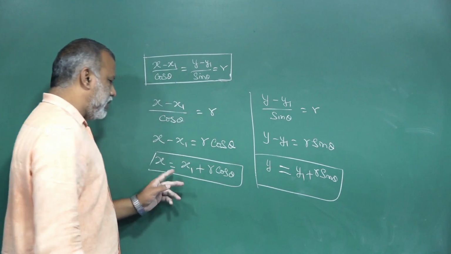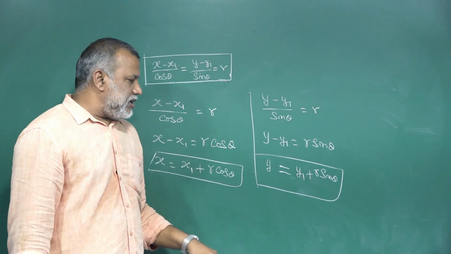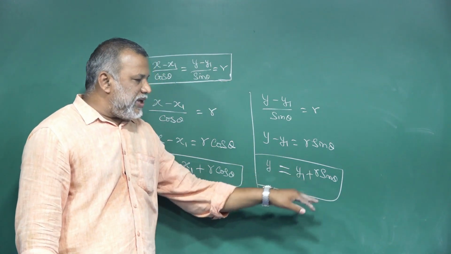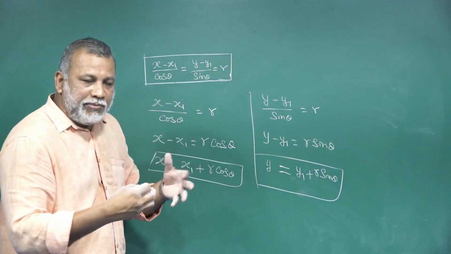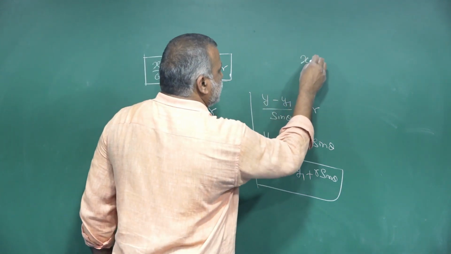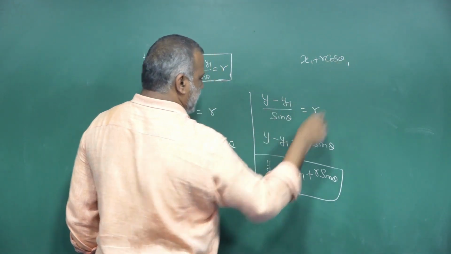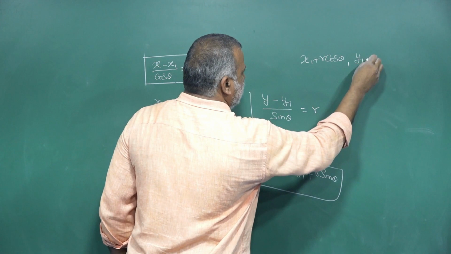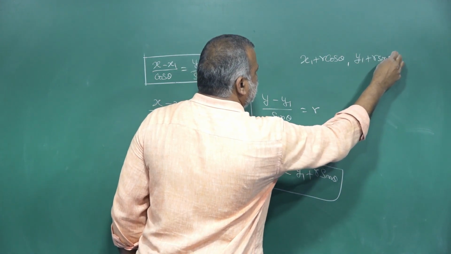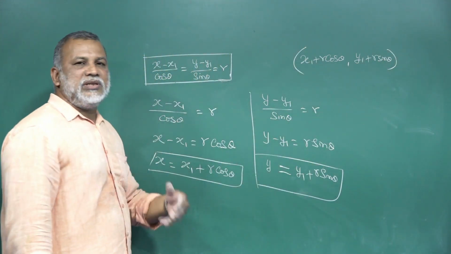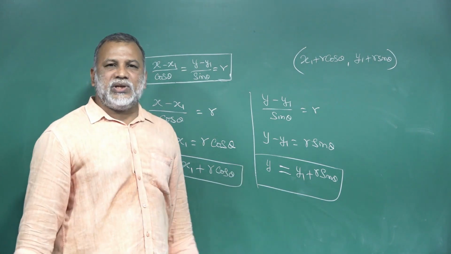Therefore, x equals x1 plus R cos theta, y equals y1 plus R sin theta. It can be paired like this: x1 plus R cos theta, comma, y1 plus R sin theta is the parametric representation.